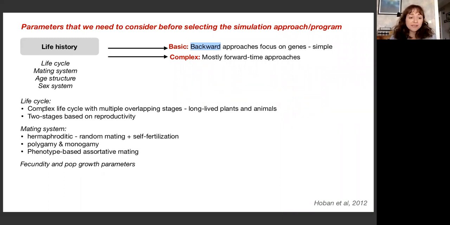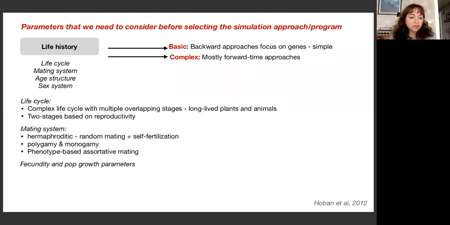And the mating system can also be different. There can be some populations that are hermaphroditic, where there is random mating and self-fertilization. In some populations, you see polygamy or monogamy, or you can even see phenotype-based assortative mating. If there is such a complex mating system, then it is not very feasible to use the backward time approaches. The forward time approach is better here.